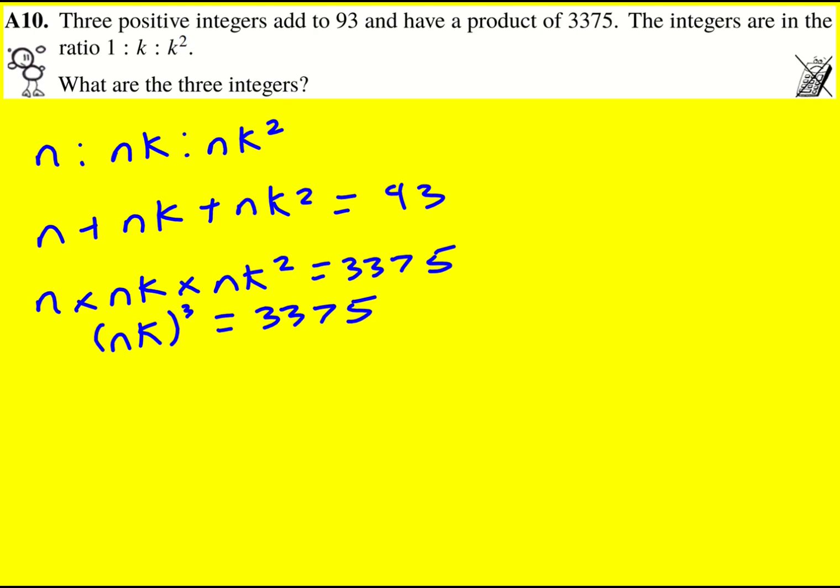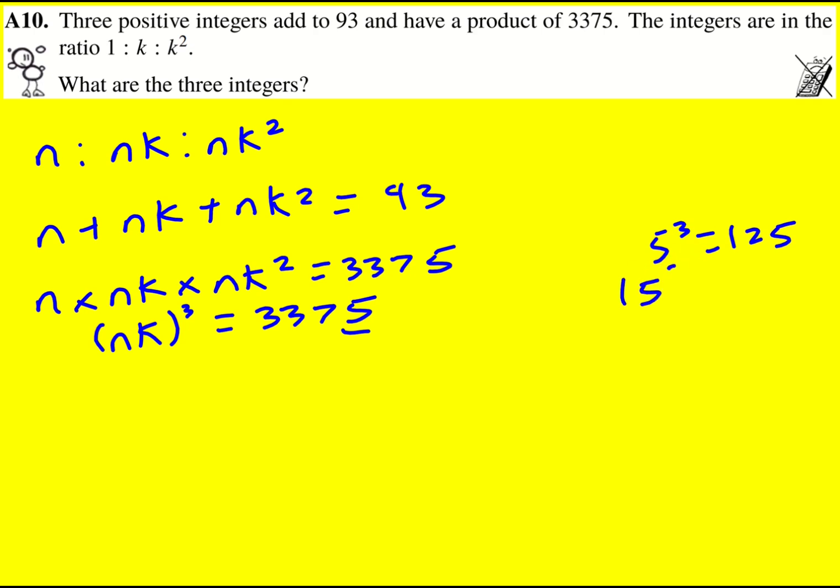So I must have a cube number here because n and k are going to both be integers. So I just need to find out the cube root of 3375. And big hint is that it ends in a 5, so our number must also end in a 5 that we're cubing. 5 cubed is way too small, that's just 125, so I guess we work our way up.